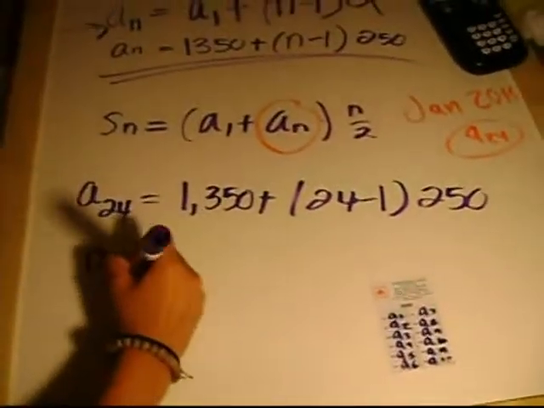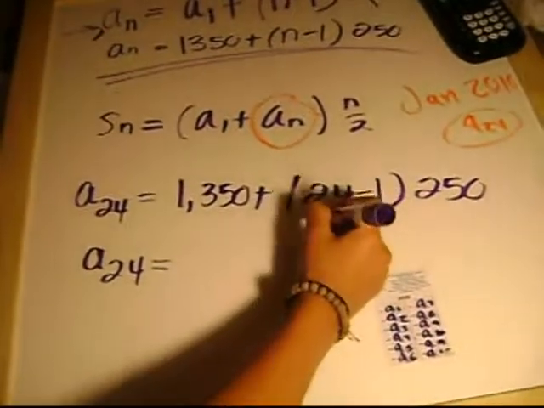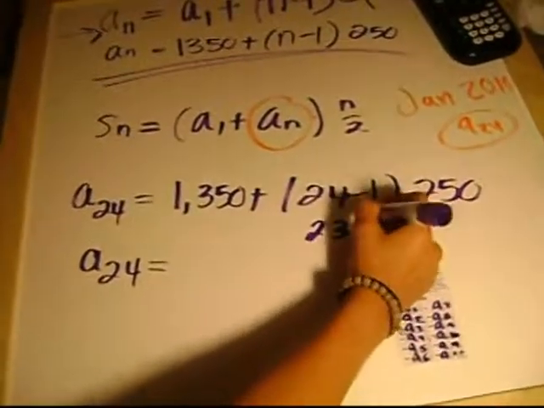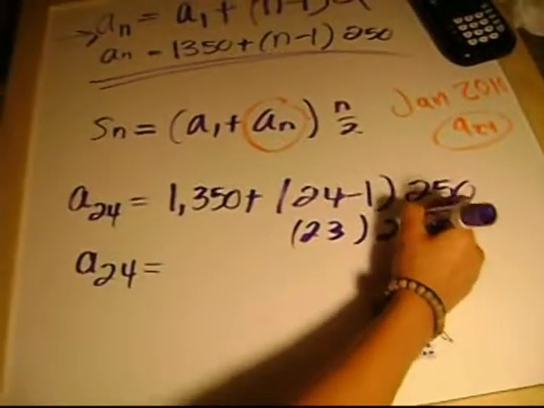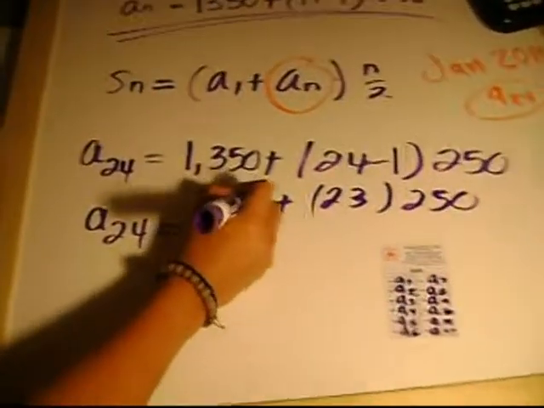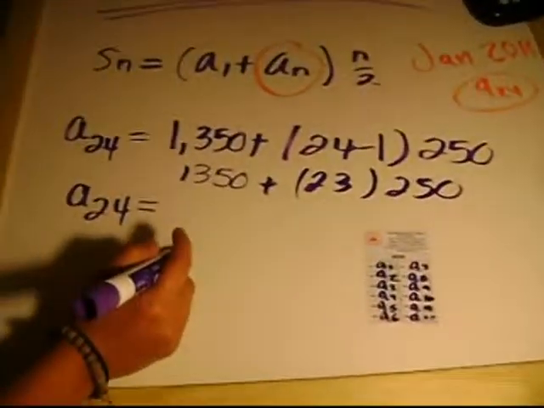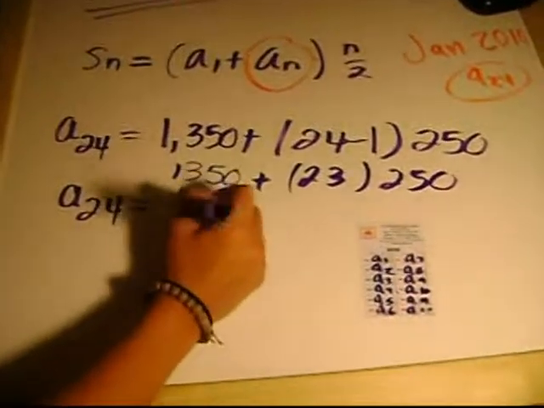So A24 equals, that simplifies to 23 times 250 plus 1,350. And you get 7,100.